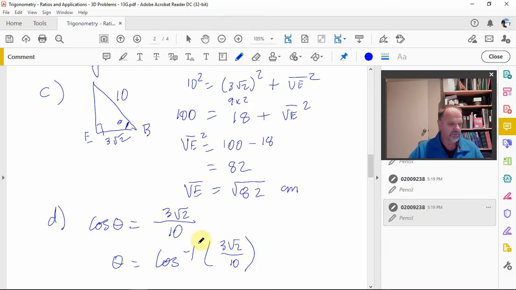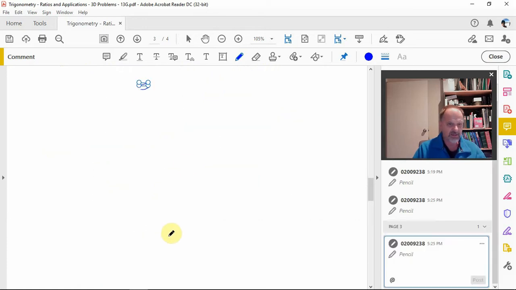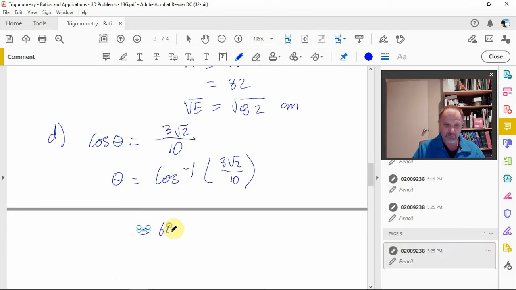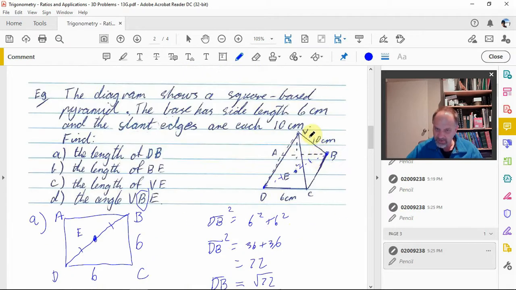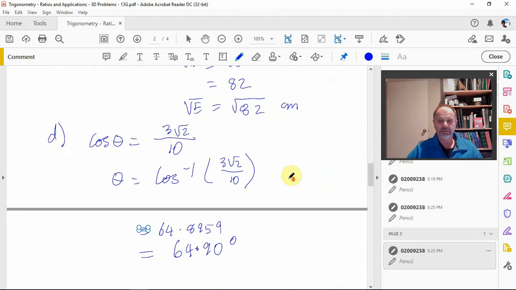That's a calculator job, and I believe my calculator says 64.8959, and to 2 decimal places I'll go to 64.90 degrees. That is the angle down in that corner there, which is right in this corner up here. So the angle between the slant edge and the base is what that angle is. All right, so there you go.